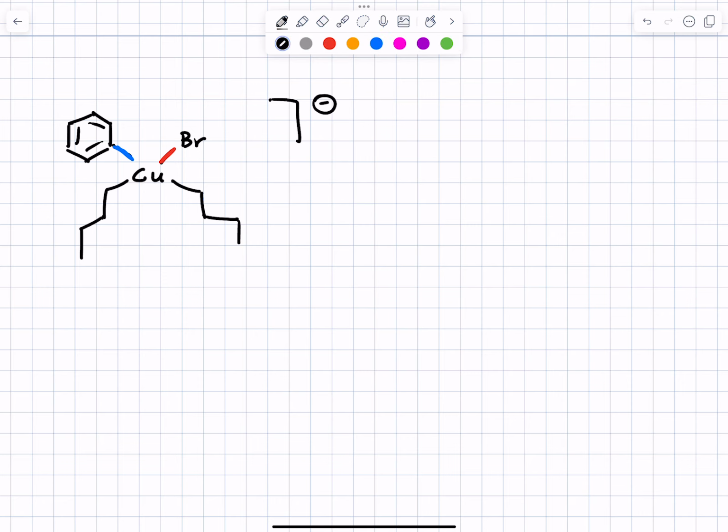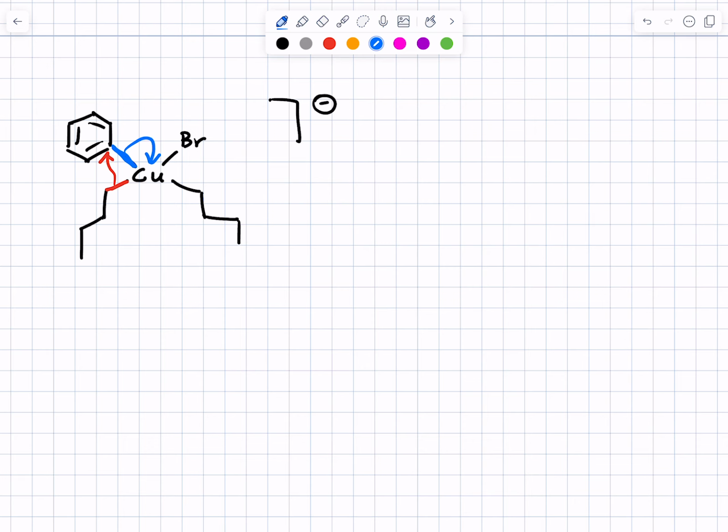What's going to happen next in this reductive elimination step is that we're going to take 2 of the electrons, and at this point I'm going to drop the blue and the red colors and use them for different purposes. We're going to take 2 of the electrons in the red carbon-copper bond, and we're going to form a new carbon-carbon bond with the aryl ring. At the same time, we're going to break the copper-carbon bond.